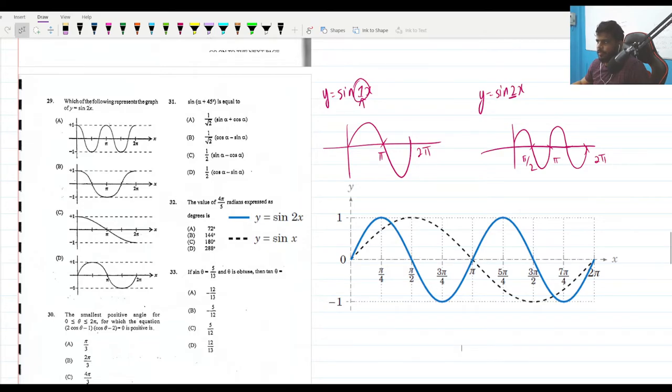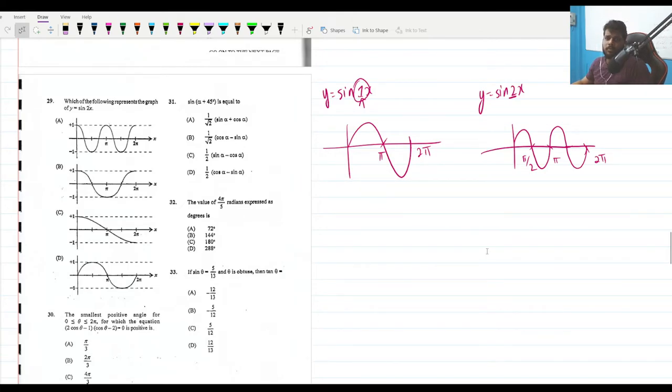Goes up to pi, but I don't see any of them satisfying this. None of them. So this one looks like a little boo-boo, unless I'm missing something so clear. I'm not seeing any of these being sine of 2x. None of them. All right, so we'll just leave it out for now.